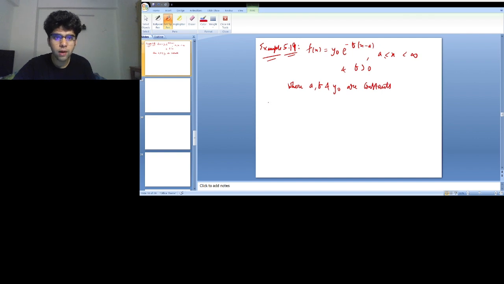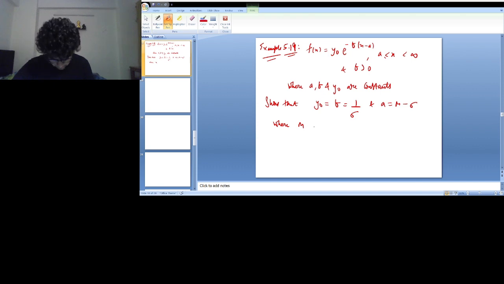So we need to show that y0 is equal to b, which equals 1 upon sigma, and a is equal to m minus sigma, where m and sigma are respectively the mean and the standard deviation.